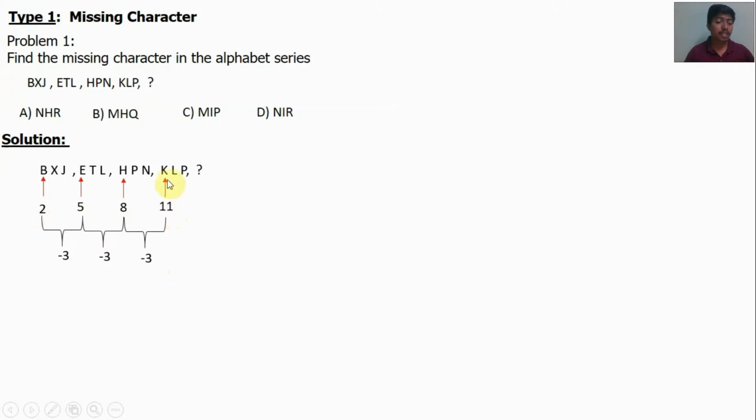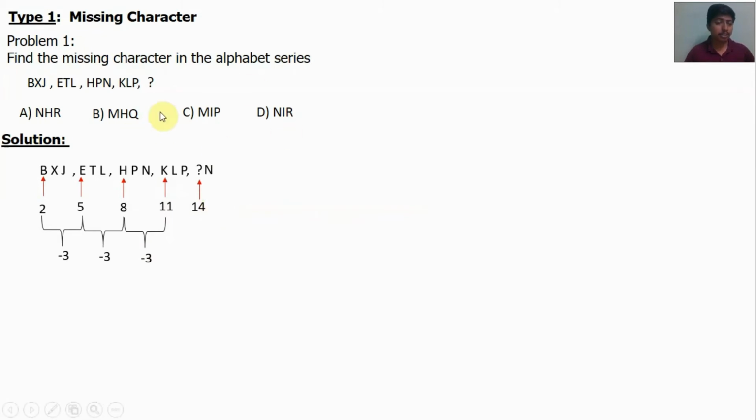The first letter difference is minus 3, so the next difference should also be minus 3. So 11 minus 14 is minus 3. To get the minus 3 difference, the number should be 14.